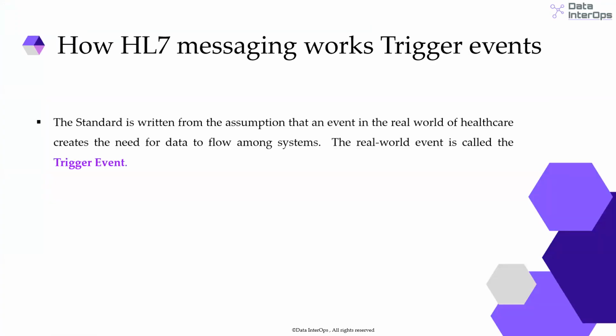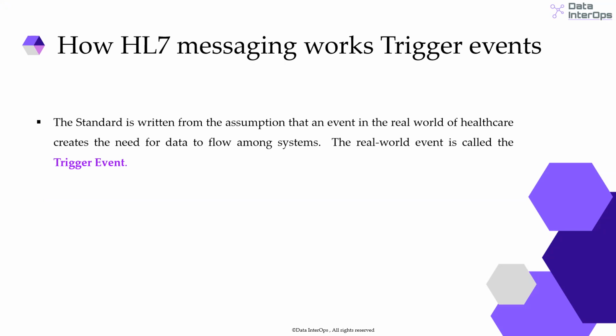So yesterday we saw this basic aspect. How does HL7 messaging work? I gave you a gist of understanding on how HL7 messaging works. HL7 messaging works purely based on events, and they are specifically called trigger events because they trigger the message from one system to another.